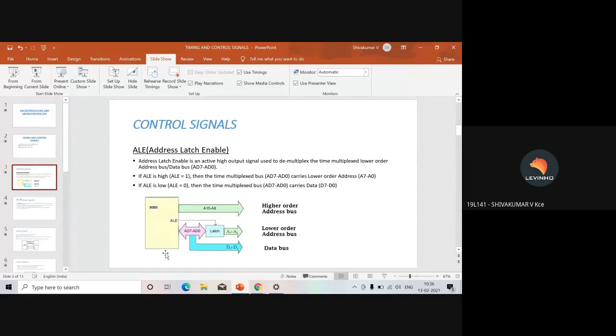By using the ALE only, we can demultiplex the lower order address bus and data bus. What's the meaning of time multiplexed? It's a sequential operation, sir.